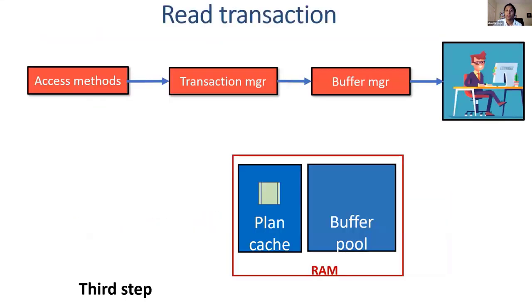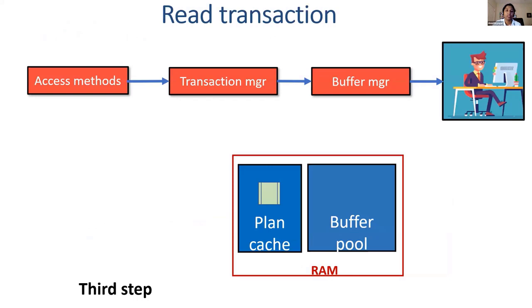Now let's see the read transaction. Until now, whether it is a read transaction, write transaction, or update, all queries have to pass the step one components and the step two components, depending upon how complicated the query is. But all the difference happens at the storage engine.